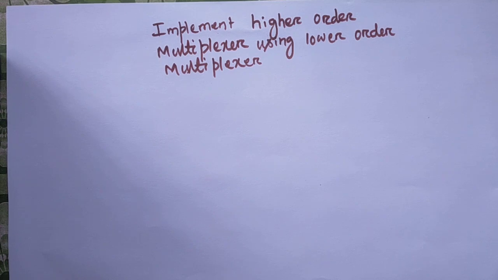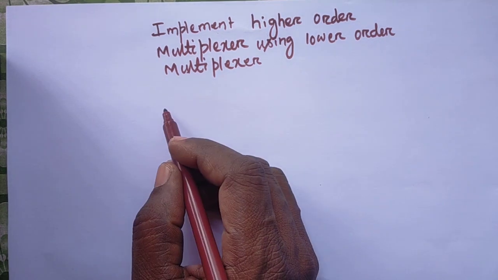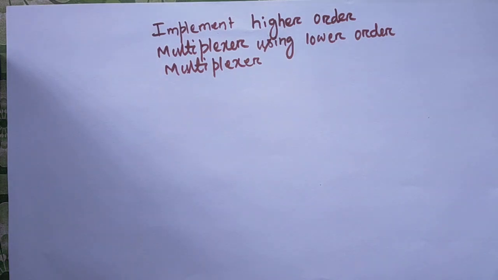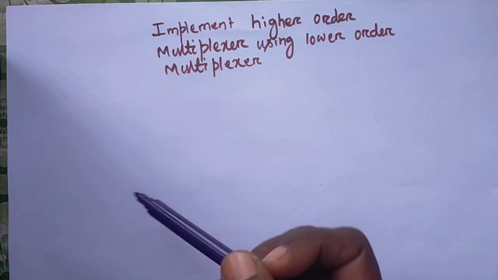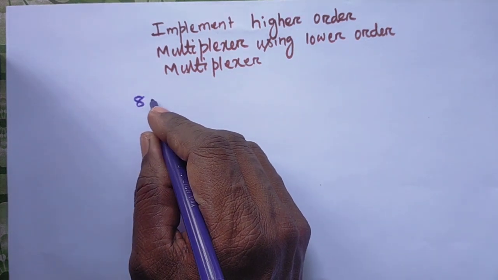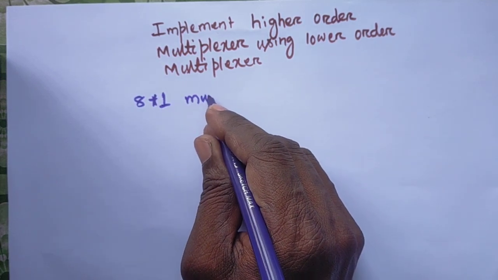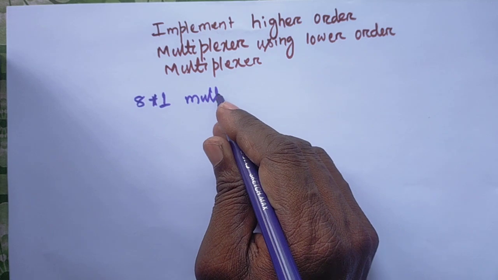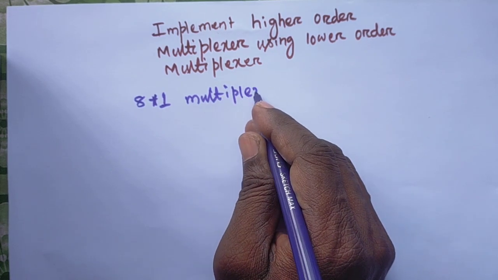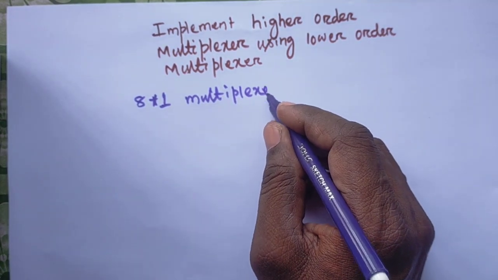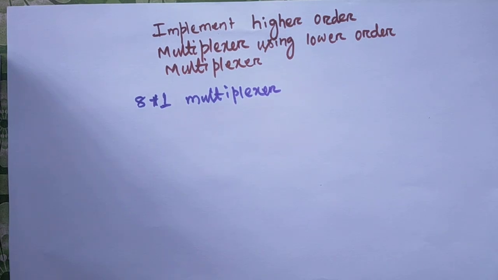For example, suppose we consider an 8 into 1 multiplexer. We need to design the 8 into 1 multiplexer using lower order multiplexers.